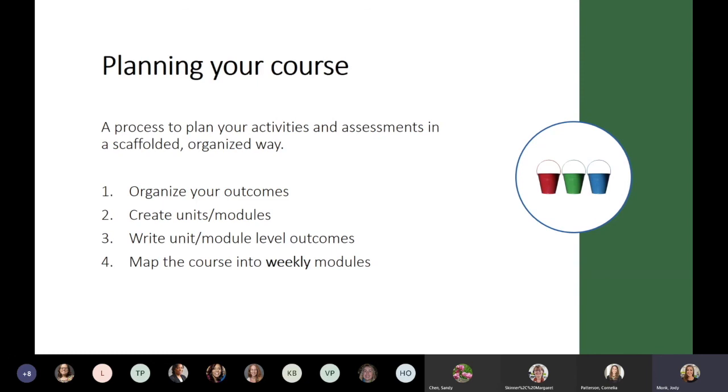So this is where we narrow down and dig into the nitty-gritty of what our students will be doing. And then finally, we'll map out our course into weekly modules. So we'll get more into this later again, but some modules or units may span multiple weeks. But for student learning, and particularly in the online space, we find it's nice if you can break things into weekly units so that they can really focus in on what it is they need to be doing that specific week.